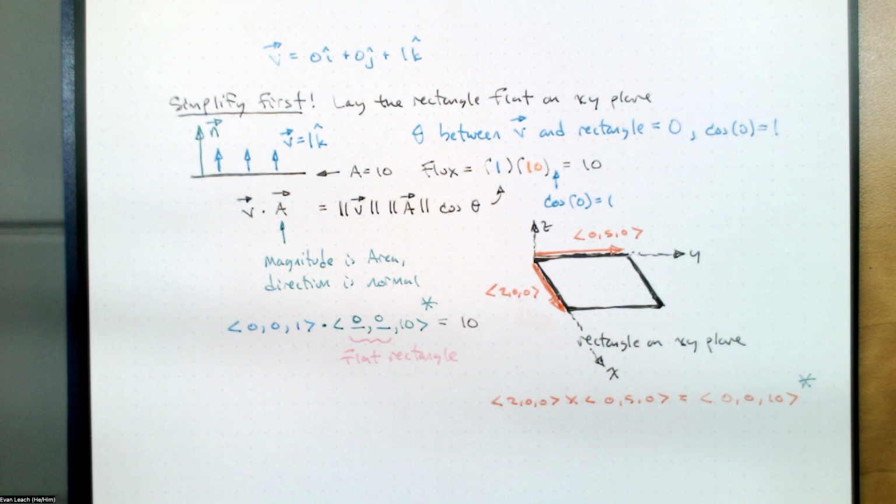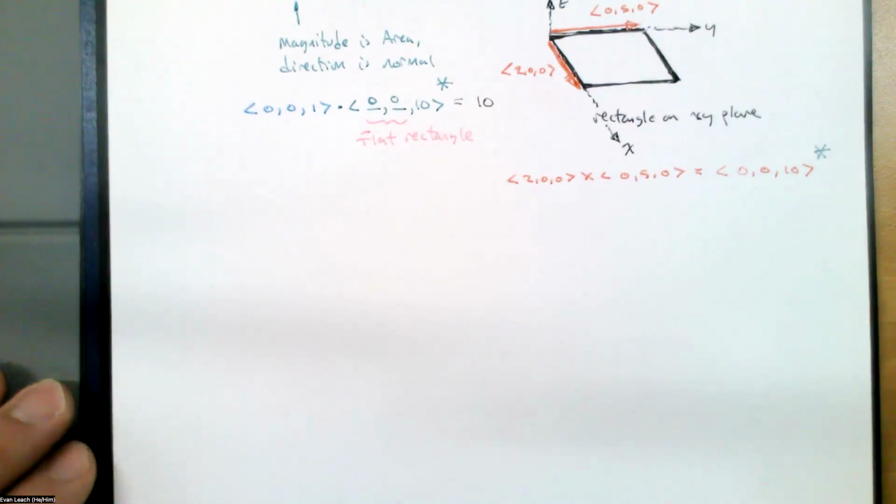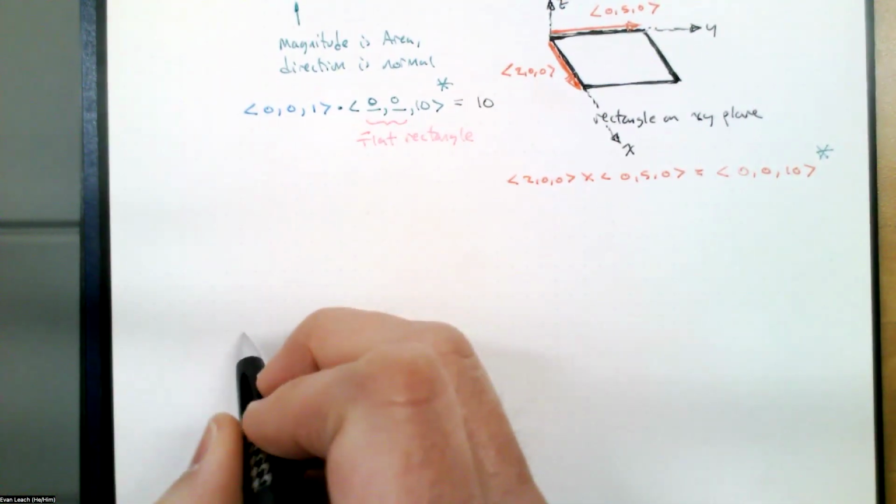Now let's take this plate and put it at an angle and see what happens. So here's our simplified problem that we did not state yesterday. I'm going to look at the problem from the side because the problem is still in a simplified form.